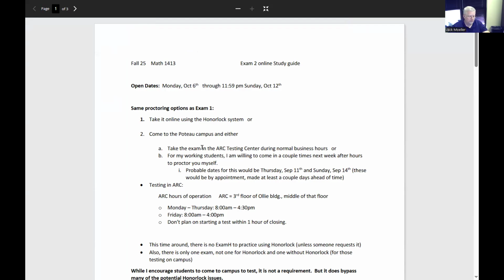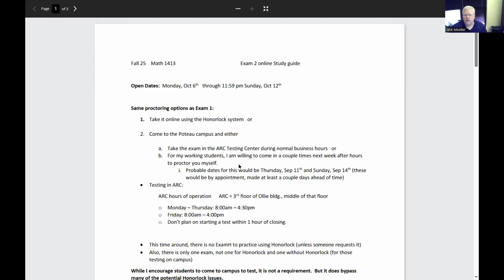Last time, the first test had an exam with HonorLock and without HonorLock. I didn't need to do that this time, so there's just one exam to avoid confusion. If you took the test online the first time and want to come to campus, you're more than welcome to. Or if you took it on campus the first time and want to take it via HonorLock this time, not a problem. I don't care how you take it.